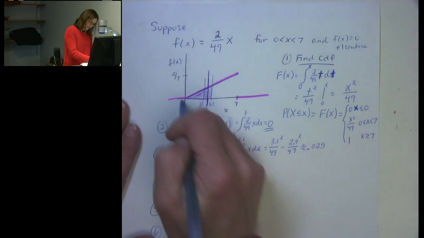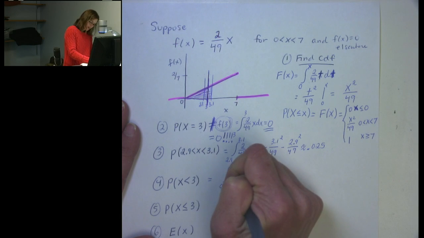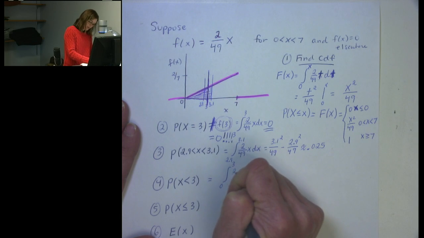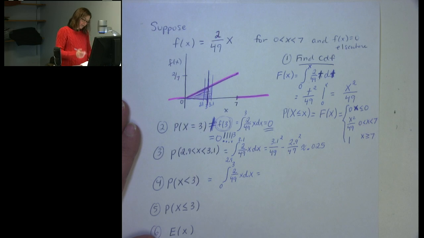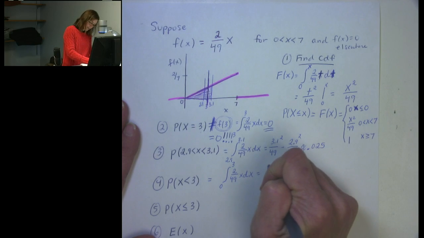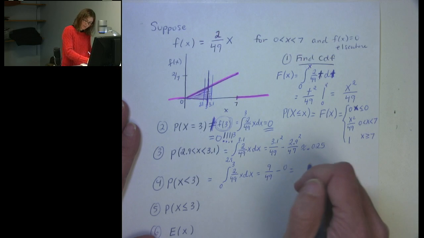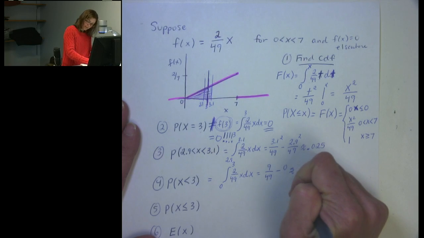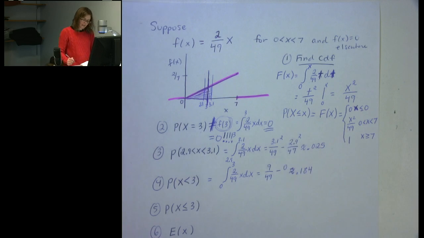So I'd integrate from 0, where my support really begins, up to 3, my PDF, which is going to give me 9 over 49 minus 0. And it gives me approximately 0.184 for the probability that x is less than 3.